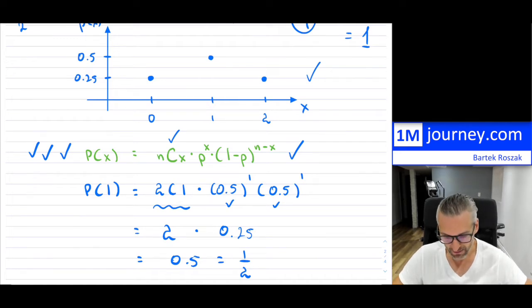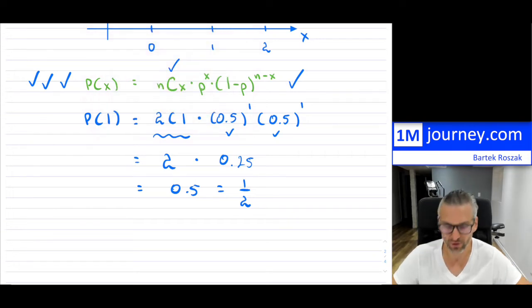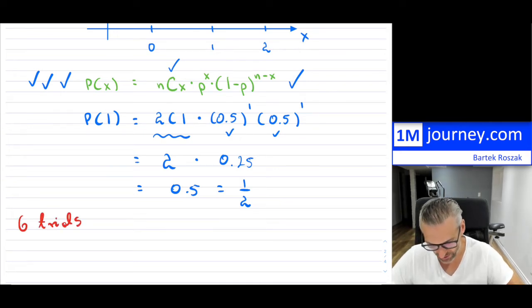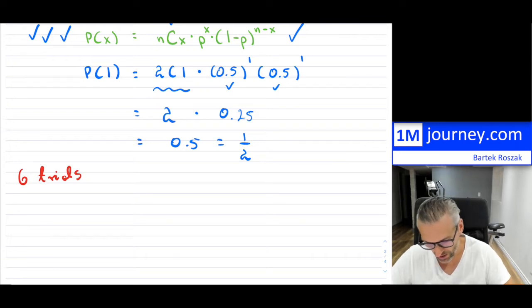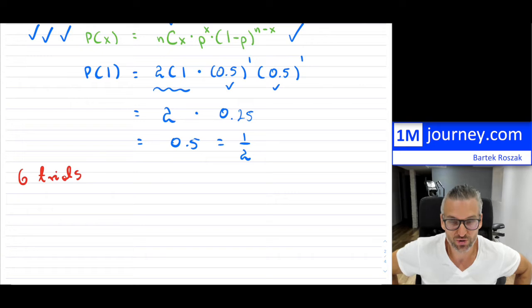So let's imagine that instead of 1 or 2 trials, we wanted to have maybe 6 trials. And now the question might be, what is the binomial distribution?